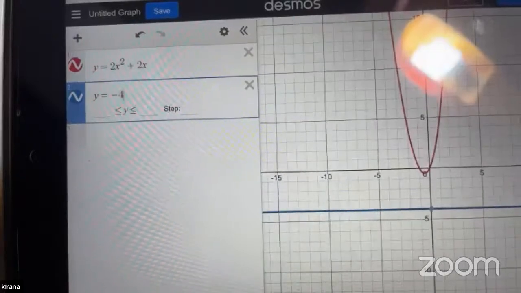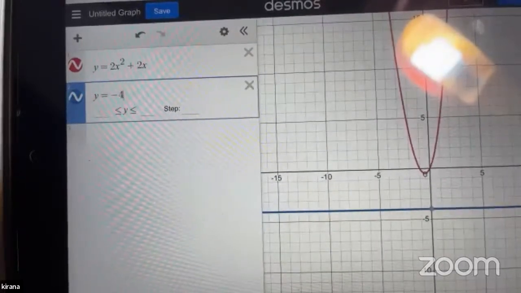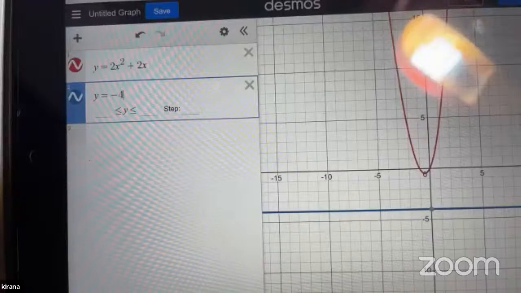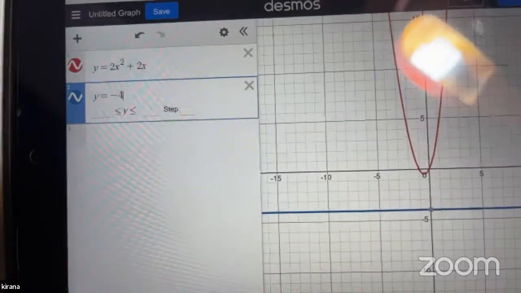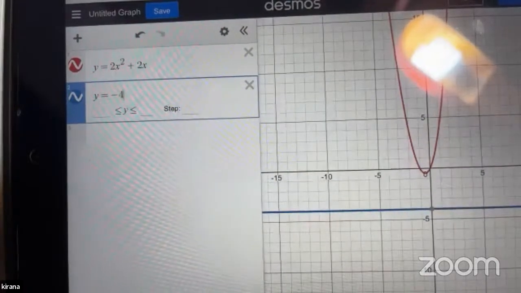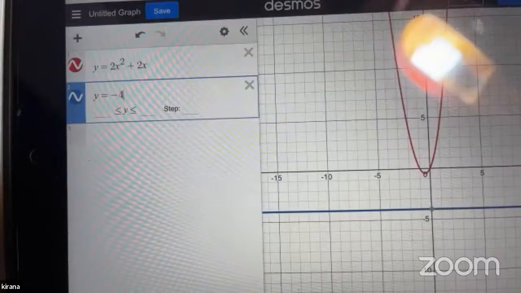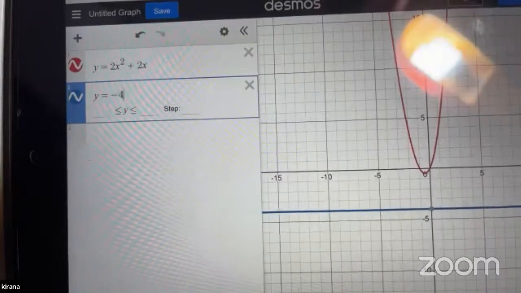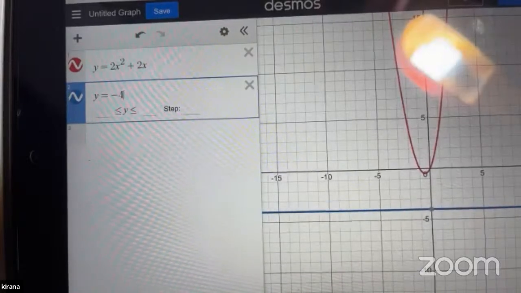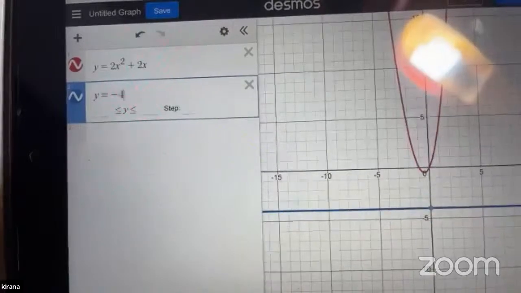So Desmos is again giving you an answer to your homework. If only you could tell Desmos, hey, it's proven. Just look at the graph. All you have to do now is translate your understanding from Desmos to what your teacher wants, which usually involves the discriminant.